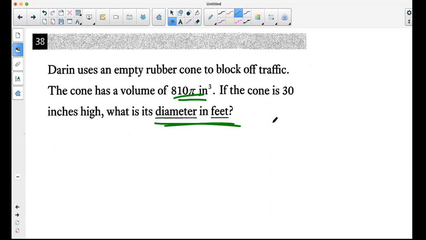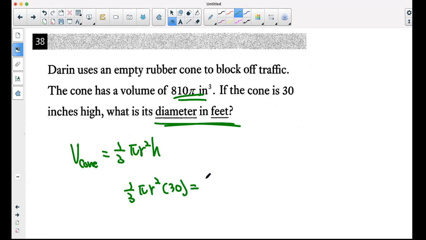the diameter? So in this case, we have to actually figure out the volume formula. How do you find the volume of the cone? That's 1/3 pi r squared h. Since I know that height is 30, so 1/3 pi r squared times 30 is equal to 810 pi.